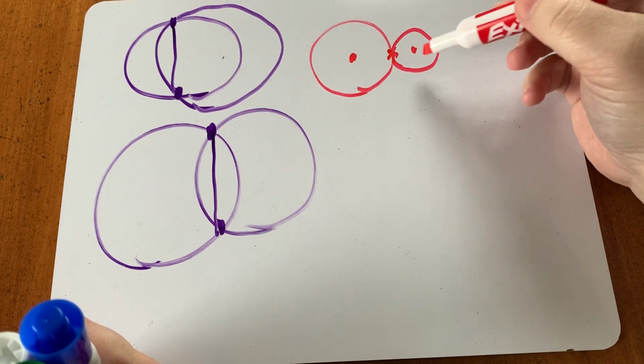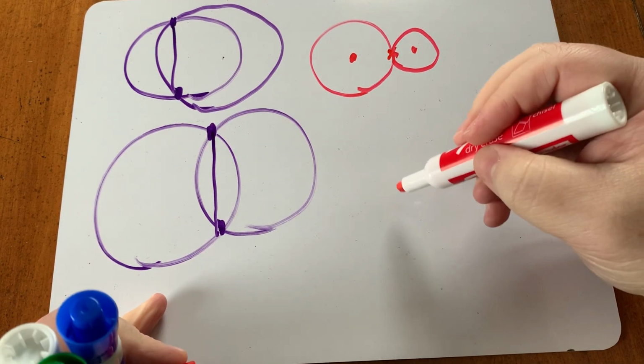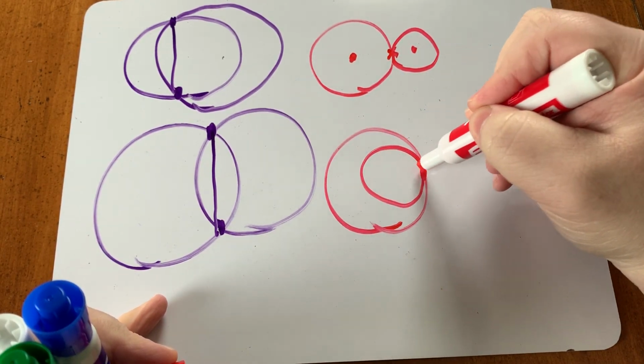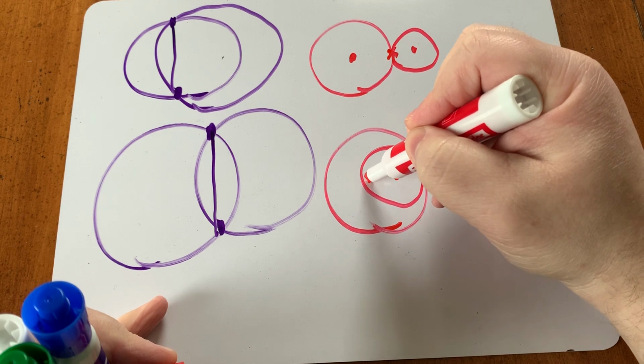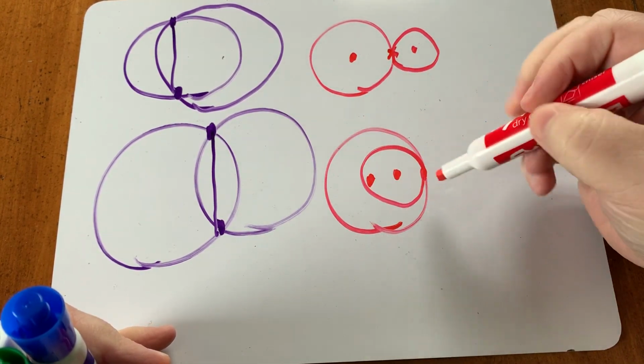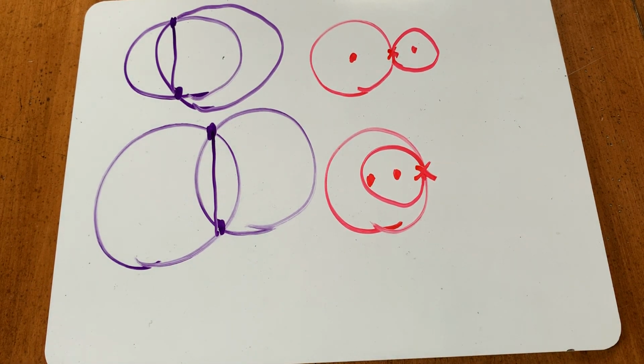But this smaller circle could not be exterior. It could also be interior. So this smaller circle is interior to the bigger circle and still intersect at a single point.